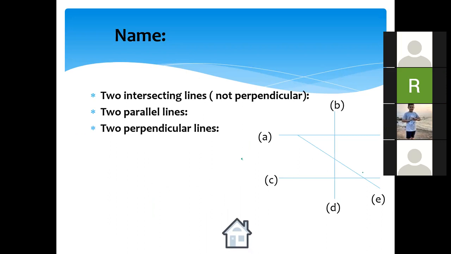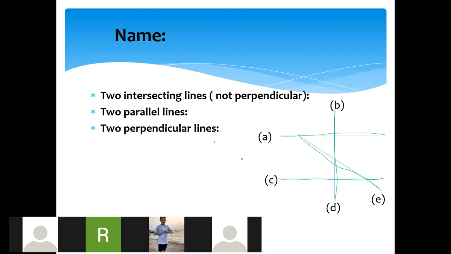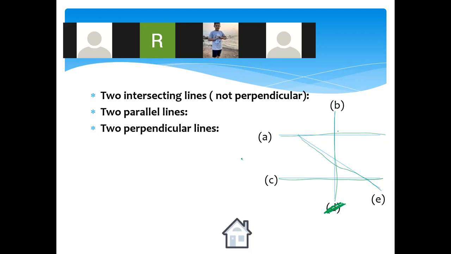Here I gave you four lines. The first line, I named it B. This line, A. This one, E. And this one, C. There is no D. So we have four lines.